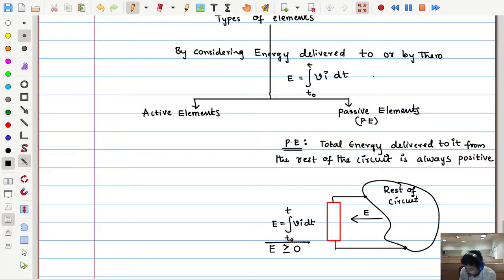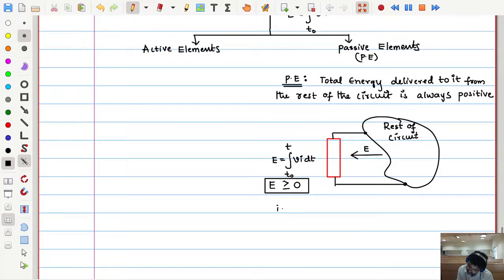If the energy of a particular element is positive, then we can say it is a passive element, which means that it is absorbing the energy. Passive elements absorb energy. If an element absorbs energy, its power sign is positive, or energy is positive, in either way you can say.